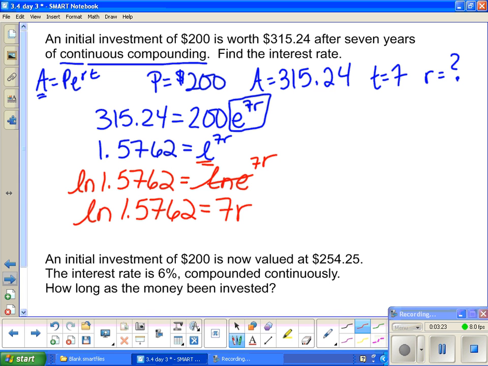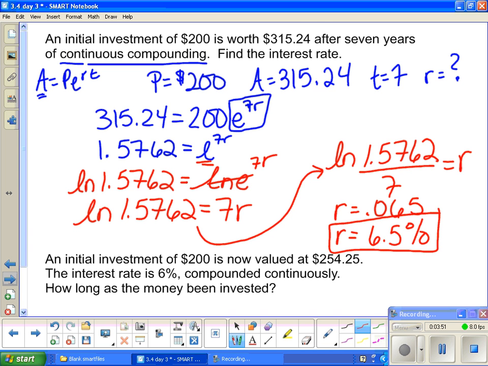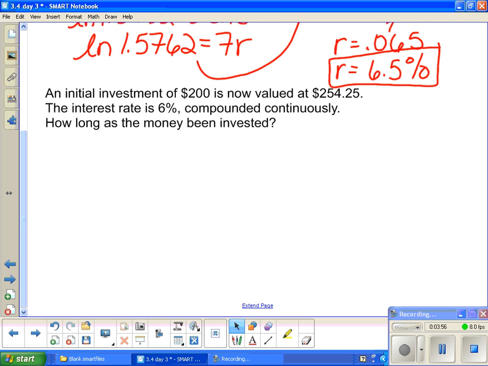Now divide both sides by 7. Equal to R. So R is about 0.065. So change that back to a percentage, and that 6.5% is our interest rate. Final answer.